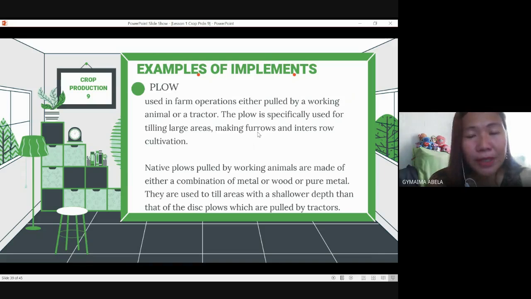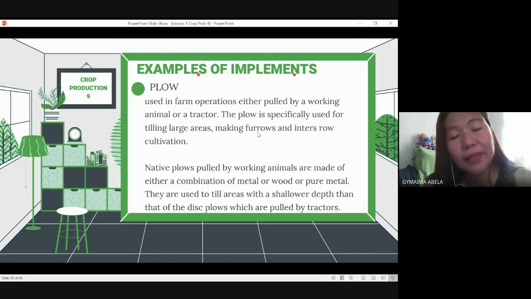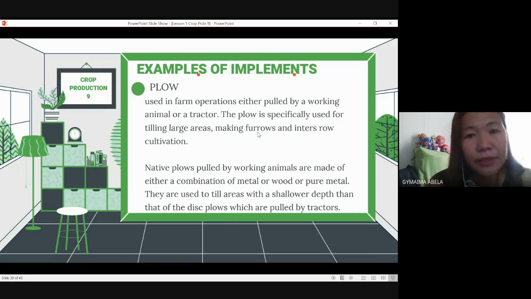So the first example is the plow, or araro. The plow is used in farm operations. It can be either pulled by a working animal or a tractor. It is specifically used for tilling large areas, making furrows, and inter-row cultivation.